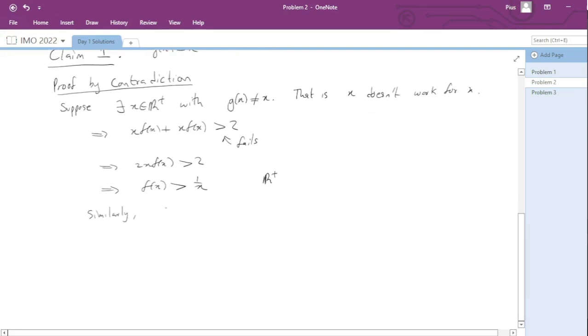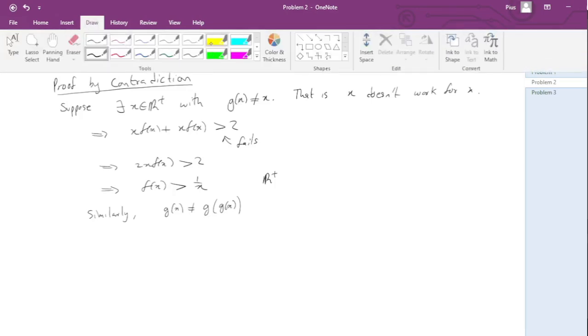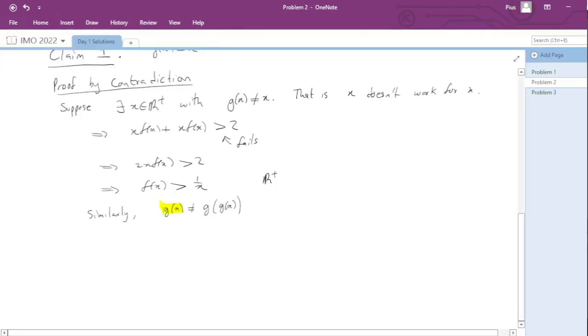In a similar way, we can get the same result for g of x. That's because g is an involution, as we showed before, so we can look at g of x as a new value for x. So everything we did before is just going to follow.